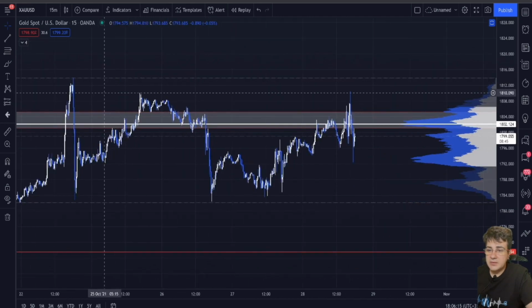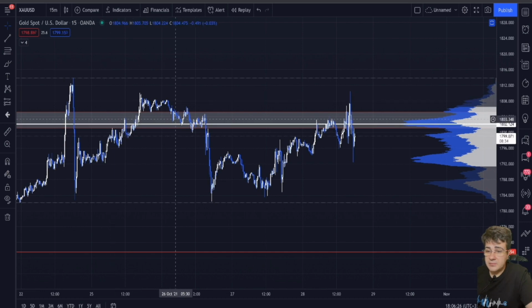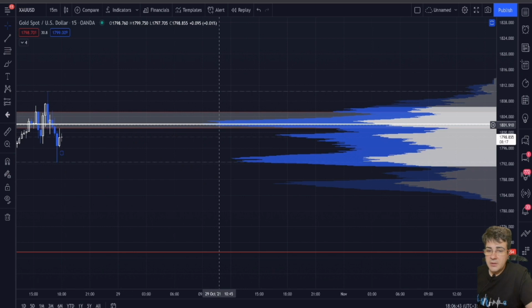We could have put a nice short order here, with in my opinion a take profit in this bullish consolidation block right here. So there was a big chance of this POC at 1800 to sustain the move.